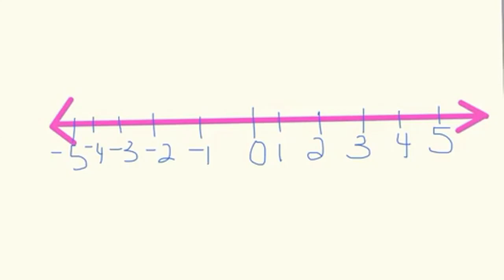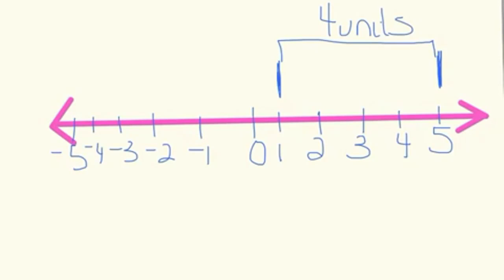If we start at 5, this is where we are starting, and we take away 1, our distance is 4. The distance between 5 and 1 is 4 units. You can count them out by going 1, 2, 3, 4 units.